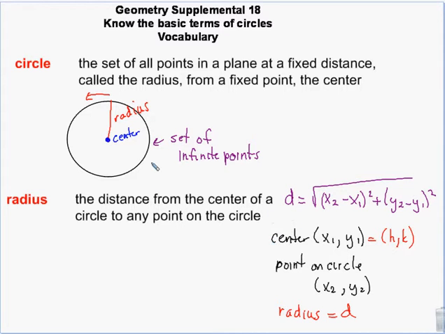So if you ever have to figure out the distance of a circle and you know the center and you know a point, then you can find the radius.